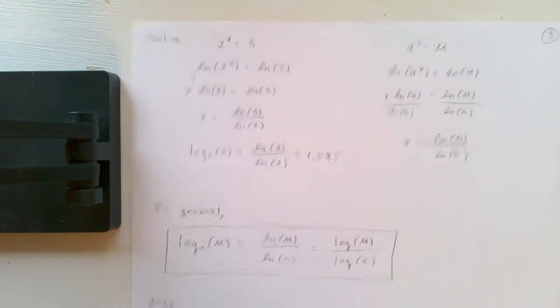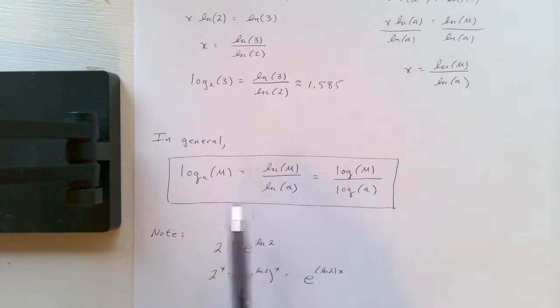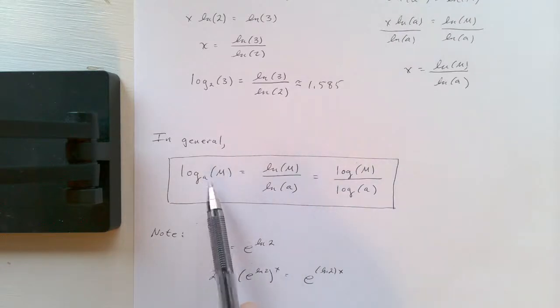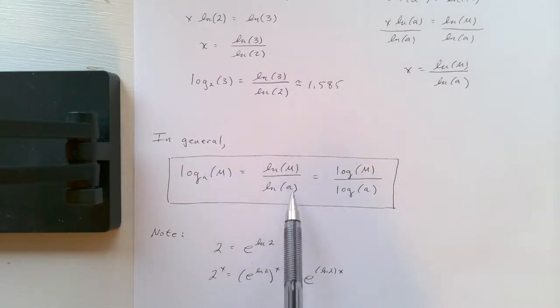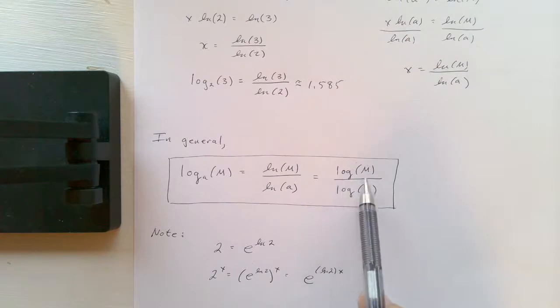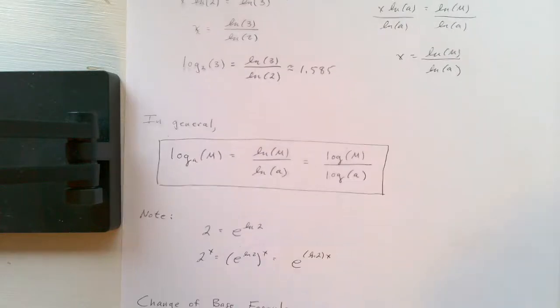That's exactly how we get this formula. So the log of m with respect to any base can be the natural log of m divided by the natural log of a. And notice that this is also equal to the common log of m divided by the common log of a.